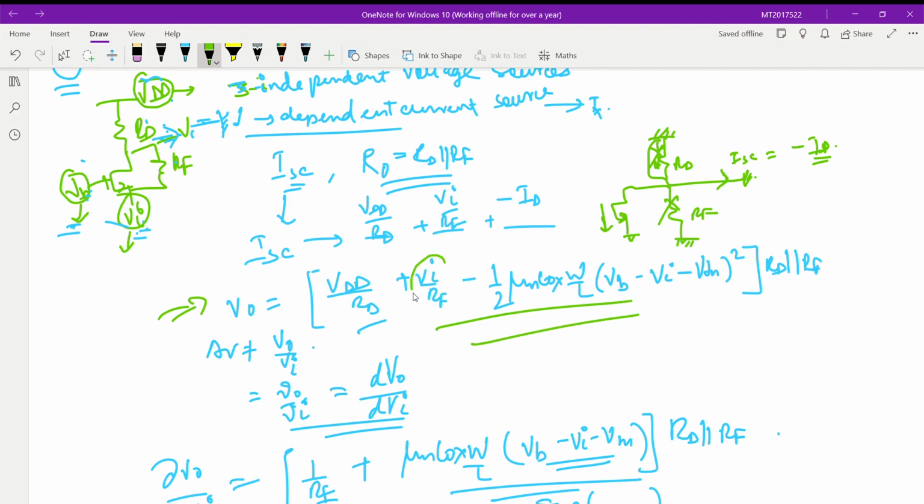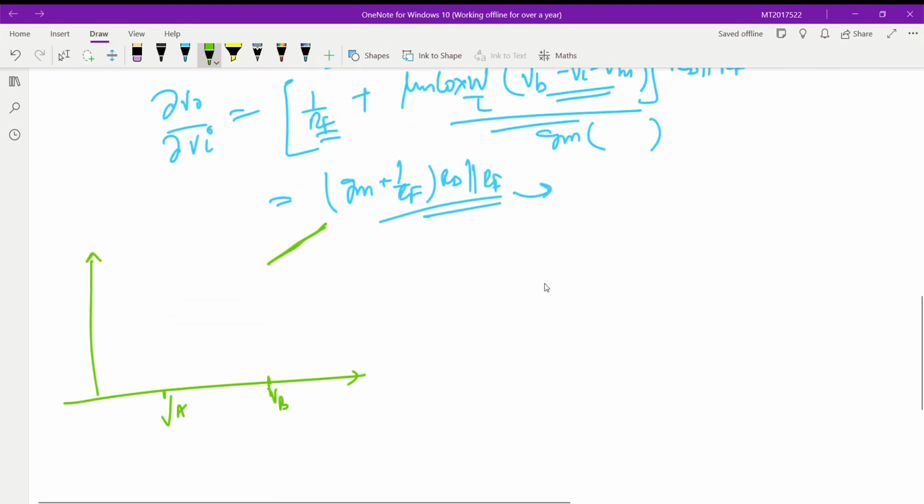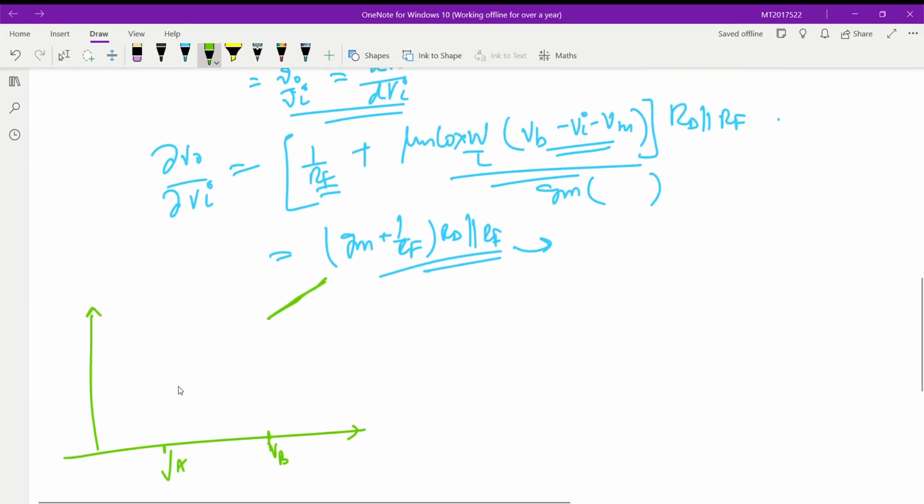Some portion is linear, 1 by RF, some portion is non-linear, or a little bit of parabola. So there is no good way to draw it, but we can make it like this, right? I'll draw a better version after I complete the other part.